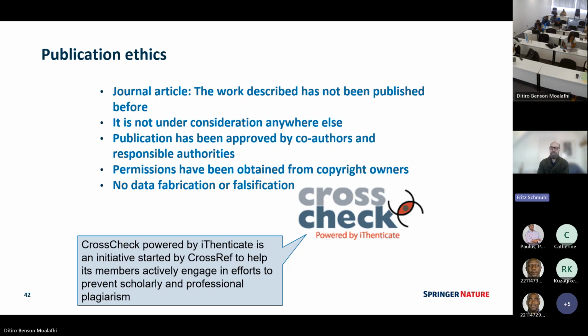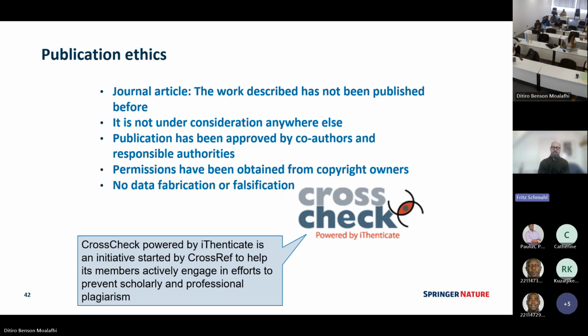In cases where you needed permission from other publications or copyright owners, you also indicate that you've done that, and you also indicate that the data presented in the article is yours. It was generated by you and the co-authors, and you have full ownership of that. Or if you don't have full ownership, that the data was given to you by an organization or body that gave you permission to do that. It could be the case, for instance, that you were co-hired by an external body, a company, for instance.